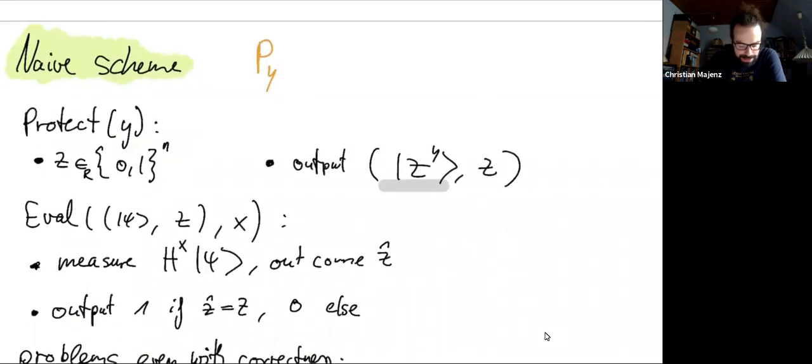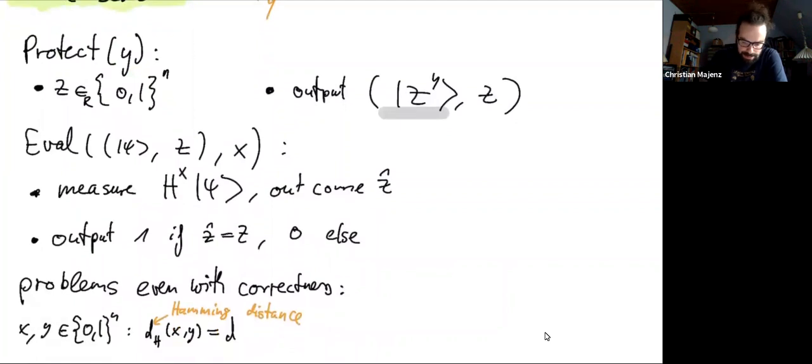And now evaluate gets as input a copy protected program and an input x. It first applies Hadamard according to the string x to the state psi, measures it, and say the outcome is z hat. Now it outputs 1 if z hat equals z and 0 else. So why does this work?